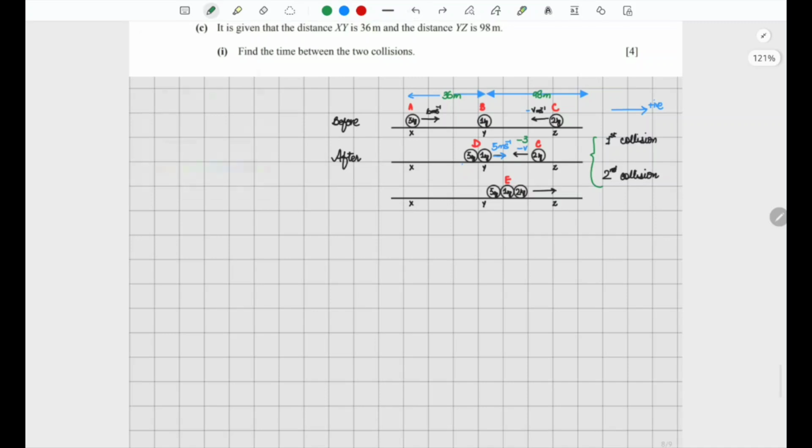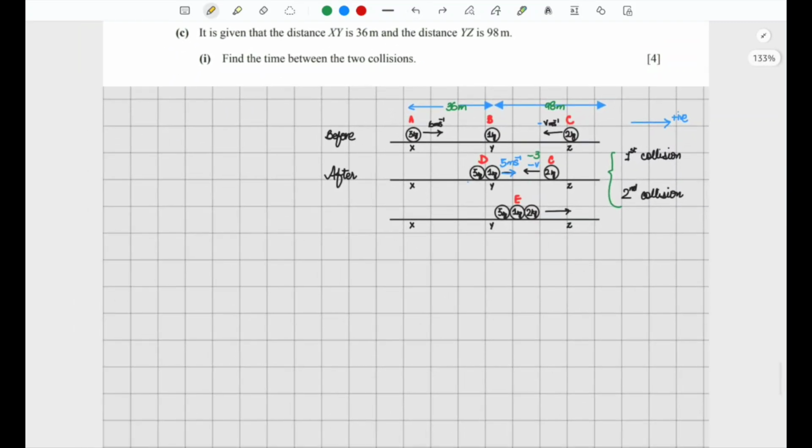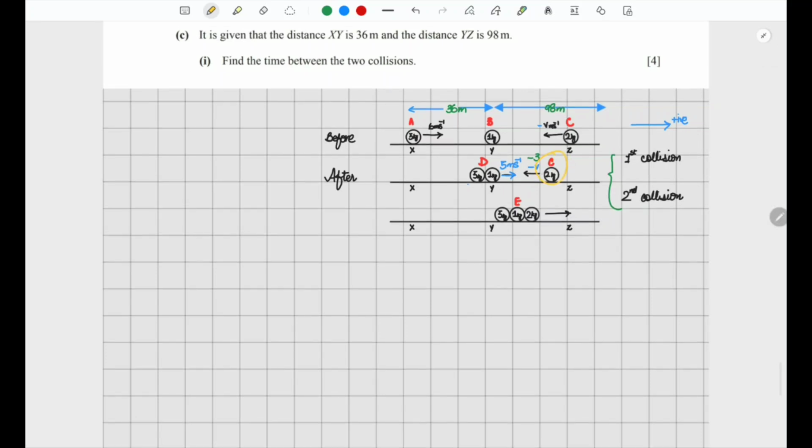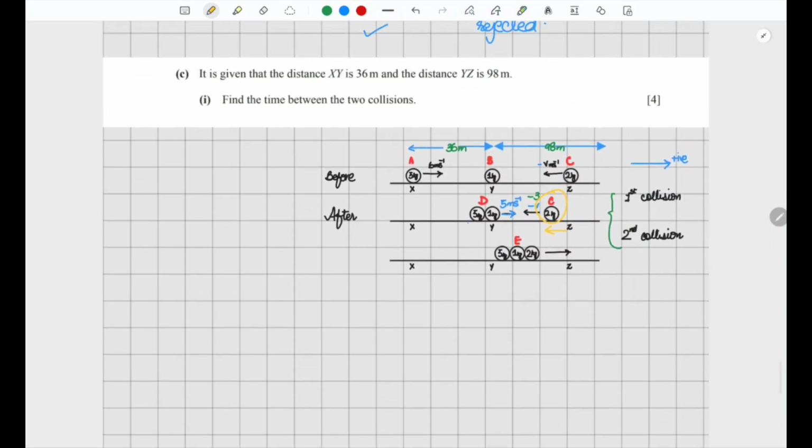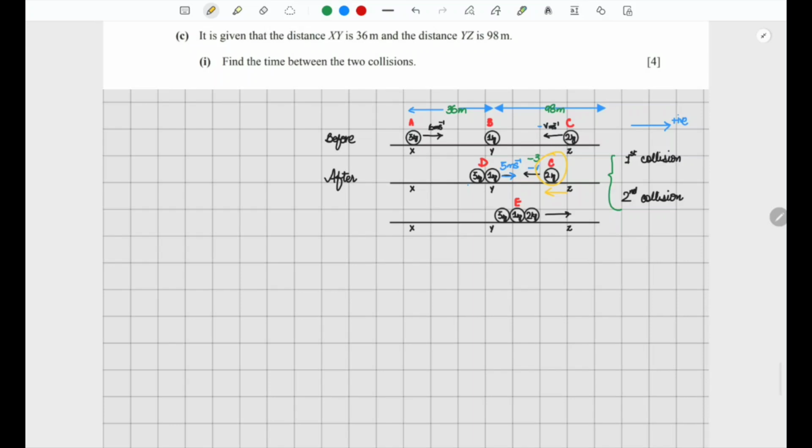When this particle c has covered some distance from z forward, this particle a has reached a point y. So what do we need? In these types of questions we make some equation with the distances so as to find the time, when we need to find the time between the two collisions.